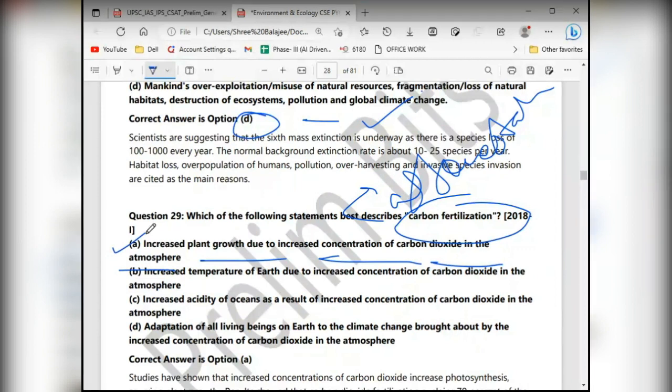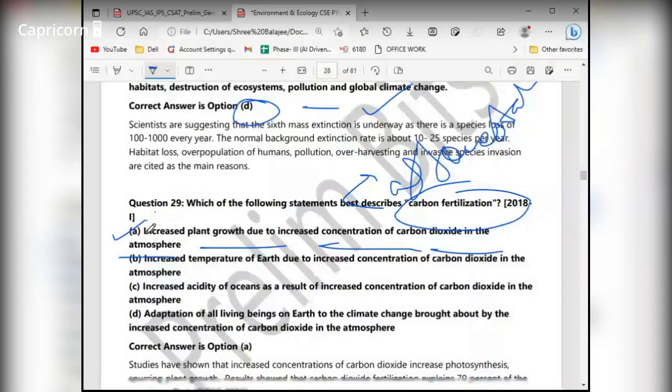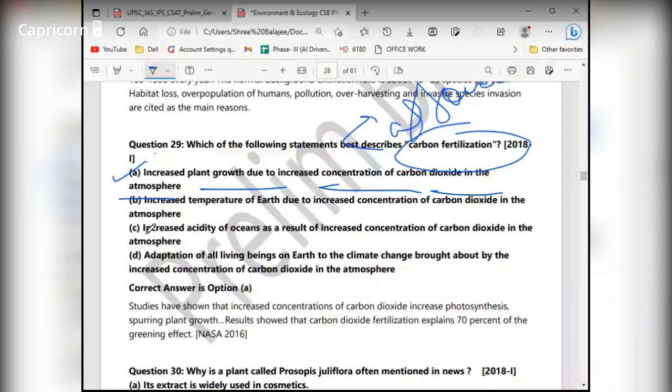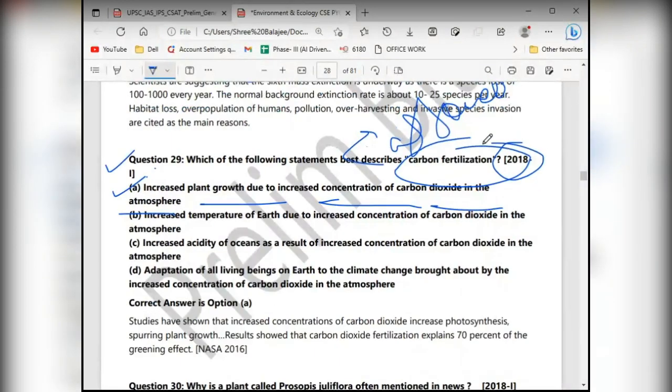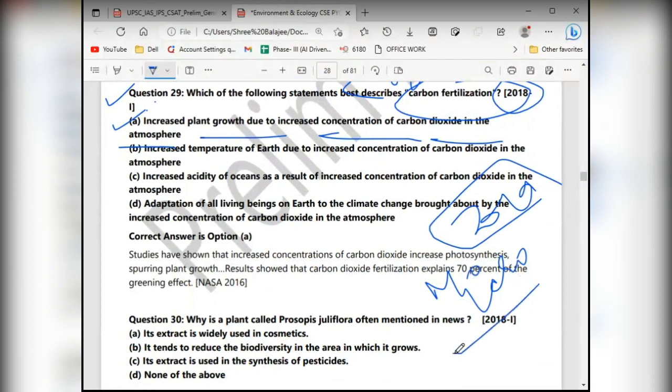Okay. And then okay, so this was easy question. 2018 में ही आया था, and 2019 में जो microbeads वाला आया था, we have just seen that. Okay, microbeads एक्सफोलिएशन के पर्पस से वो यूज किया जा सकता है, जो भी प्रोडक्ट्स होते हैं टॉयलेटरीज बेसिकली.